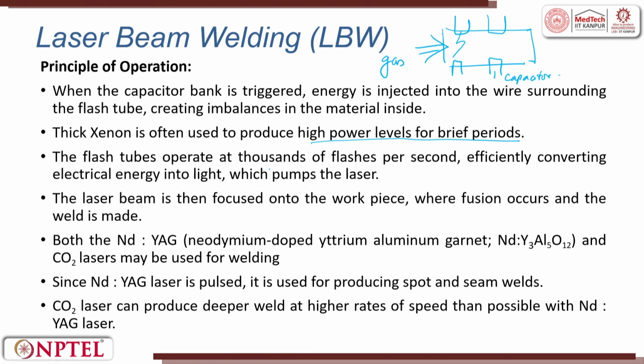A flash tube operates at thousands of flashes per second, efficiently converting electrical energy into light, which pumps the laser. Now the gas which is there is excited, and then it has excited electrons. The laser beam is then focused on the workpiece where fusion occurs.